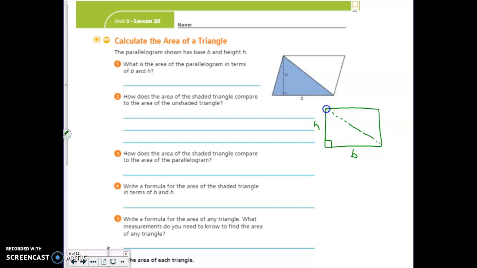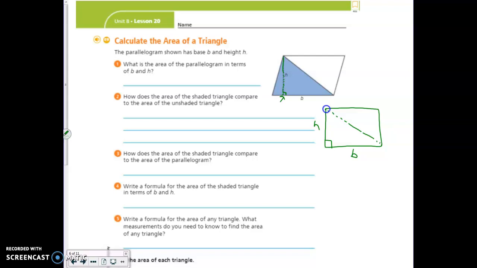And when we try to find an actual height of something, we need to end up with a perpendicular line or a completely vertical line from our base. So that's where our dotted line or our green line comes in here. And again, we're going to identify that that is the height based on the right corner or the 90-degree symbol that we see in the corner of that line and the base.